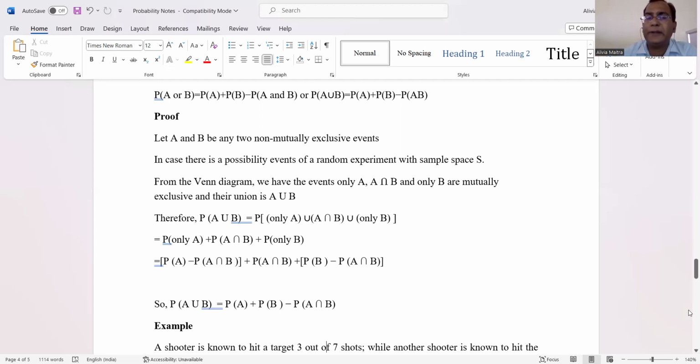This equation is written in a different way to obtain the desired result, where we have put the value of P for only event A and P for only event B. So finally, on solving this equation, by cancellation of some terms, we get the desired result: probability for A union B is equal to P(A) plus P(B) minus P(A intersection B). And this is the theorem. This theorem is known as the addition theorem for the probability.